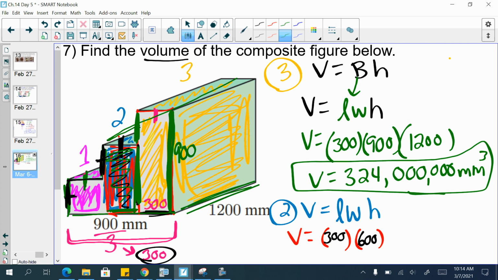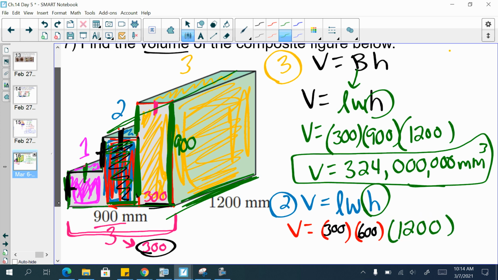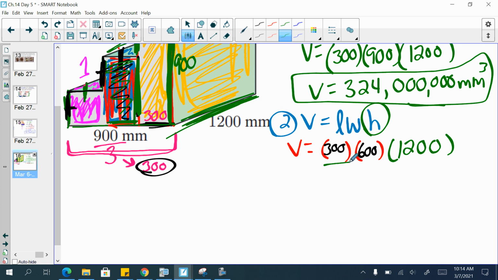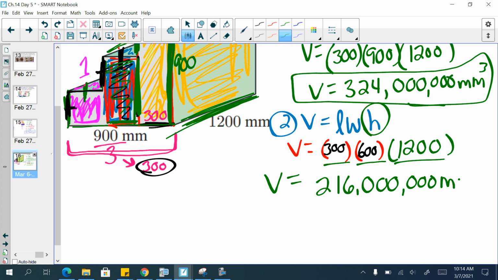So it's going to be the same as this. They're all going to have the same height, okay? That 1200 is how long they are. So what's going to be the volume of this section? So 300 times 600 times 1200, you should have gotten 216 million cubic millimeters for this one.